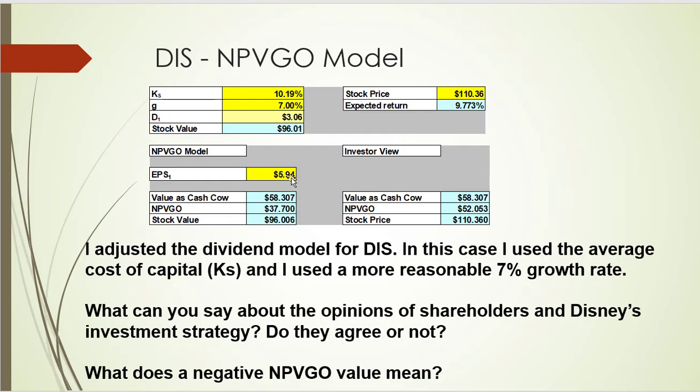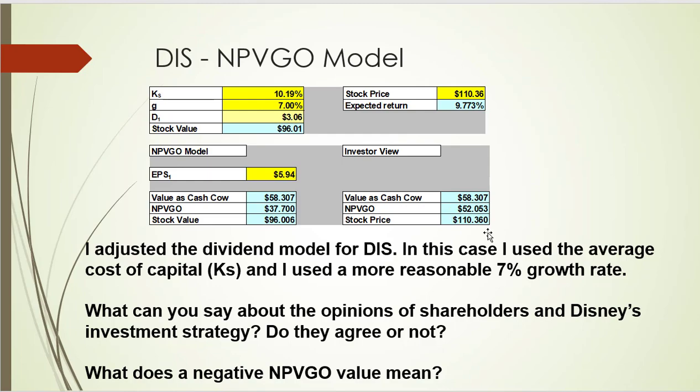Now, if we use the dividend valuation model, it says that of the $96 that it provides for the value, $37.70 comes from future expectations of future net present values.